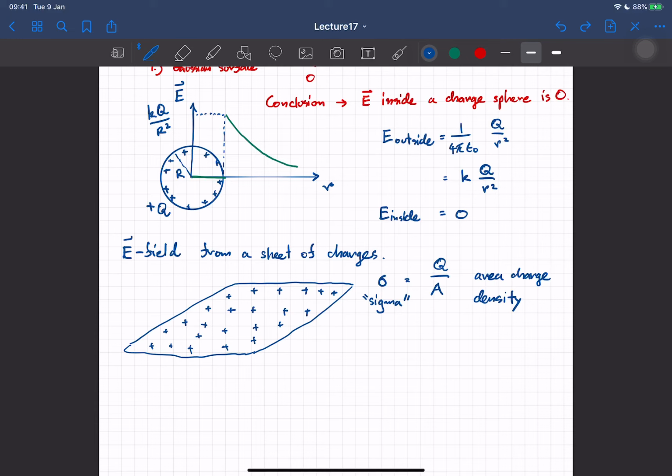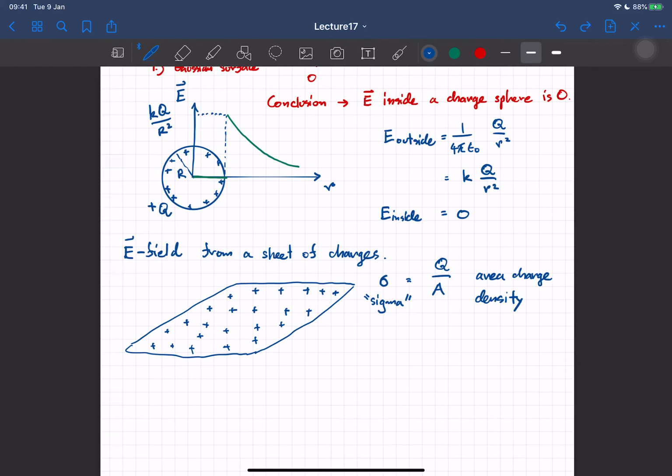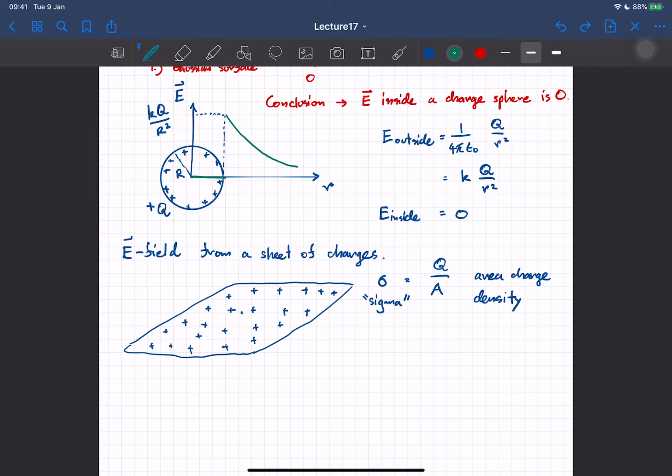The problem we want to answer is this. Let's say there's a charge on a really large sheet of metal or something like that, and we want to know what the electric field is at a point above this sheet of charge. Side view, it might look like this: a really large sheet of charge, all plus, plus, plus, plus.